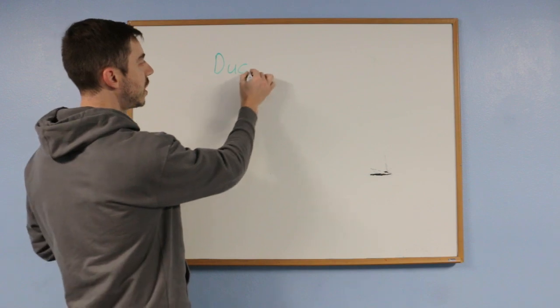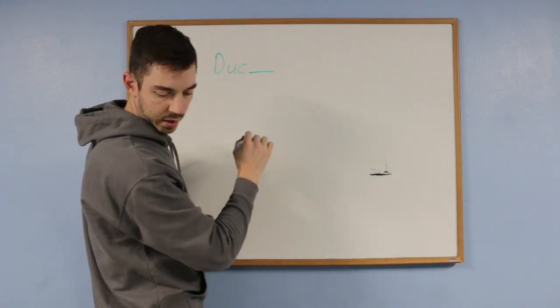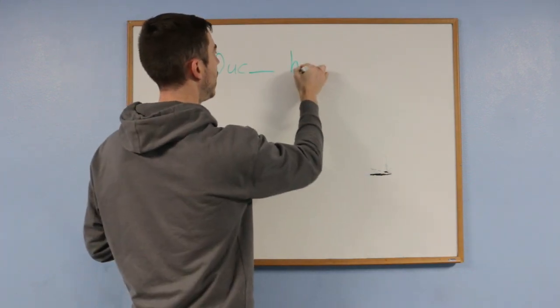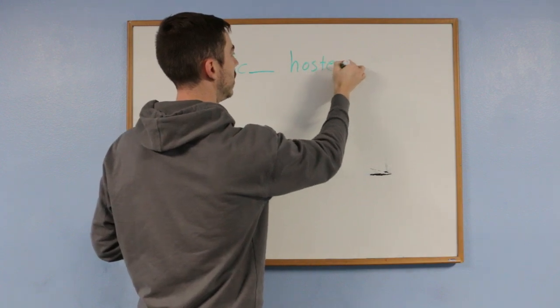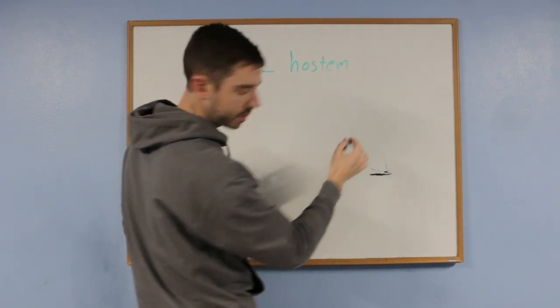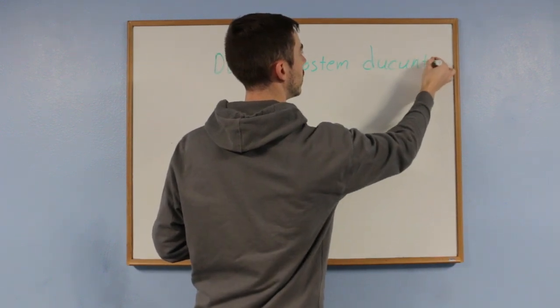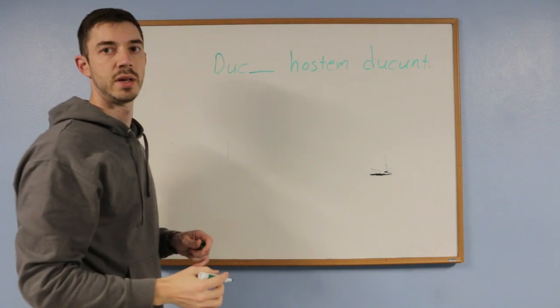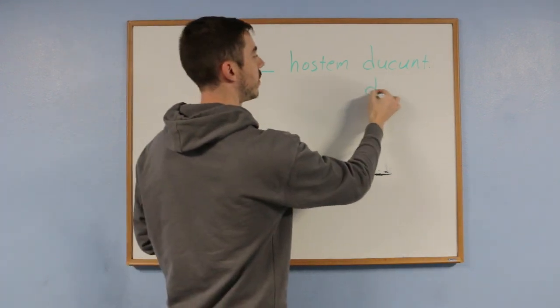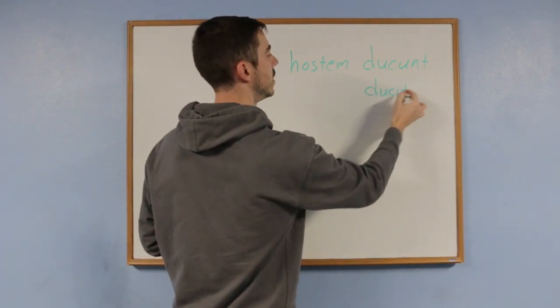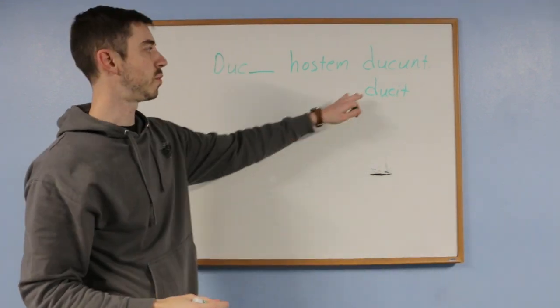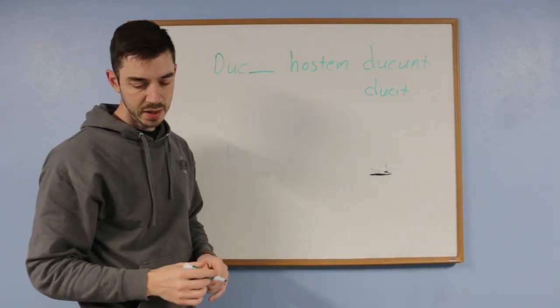So we have duc blank, we're going to put the ending on, and then hostem, and then this is a verb that I don't think you've learned yet, ducunt. And so this would be from a verb ducit, meaning he leads.